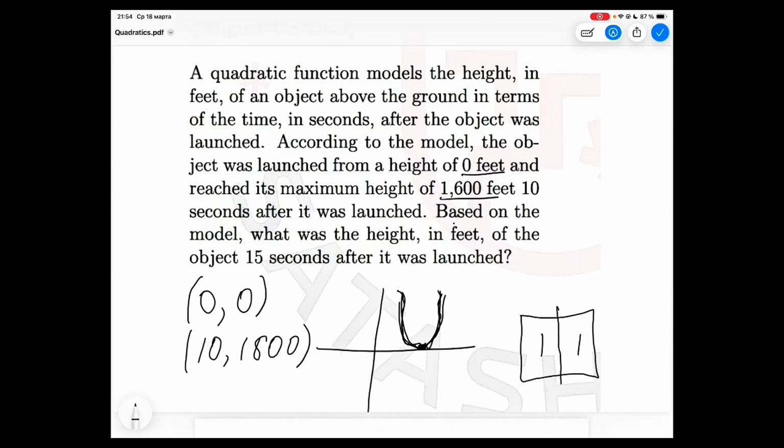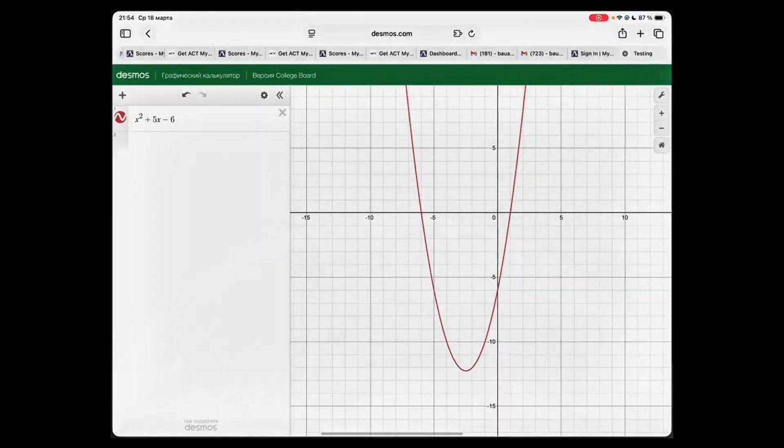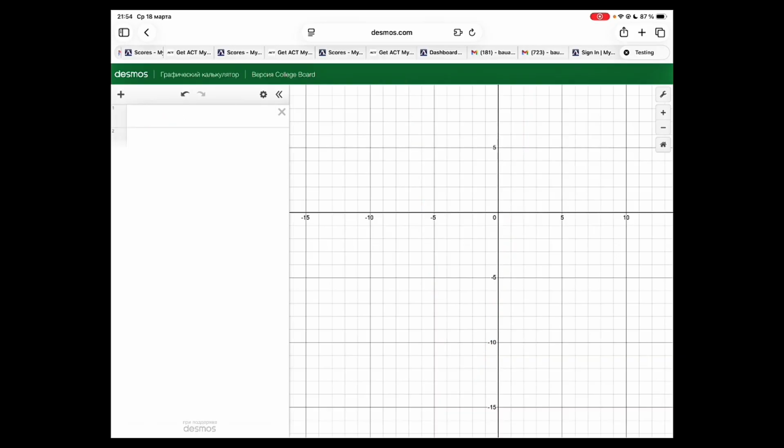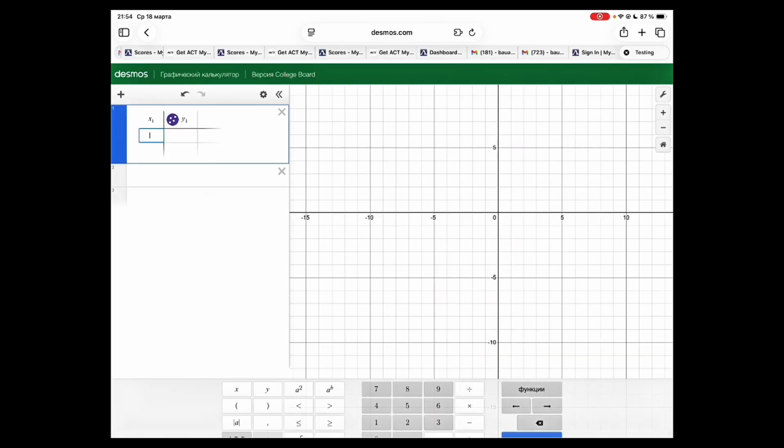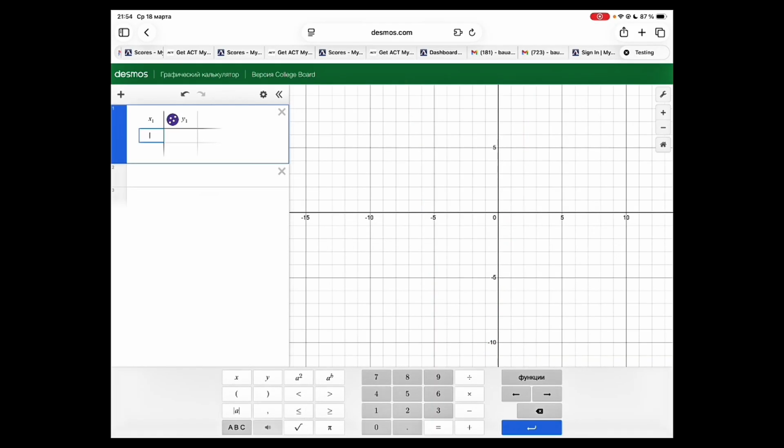So now I'm going to show you how to solve it with Desmos. Let's go to Desmos, and I'm going to create a table so that I can put my values in, and my values are 0, 0, and 10, 1,600.